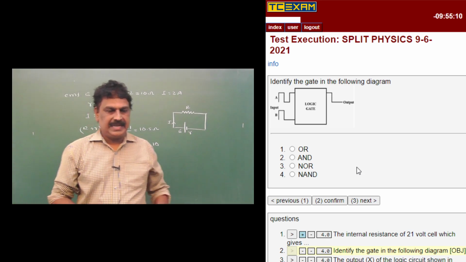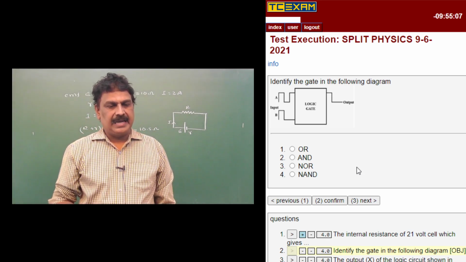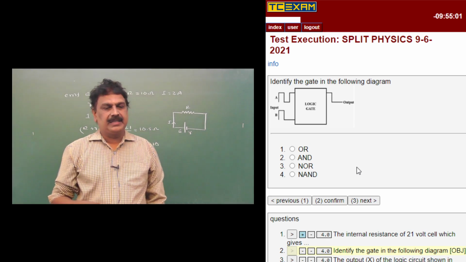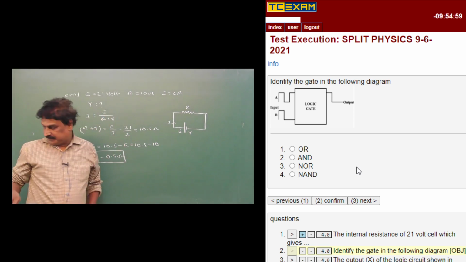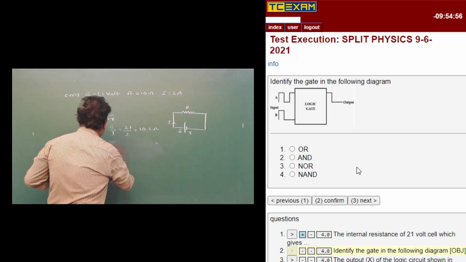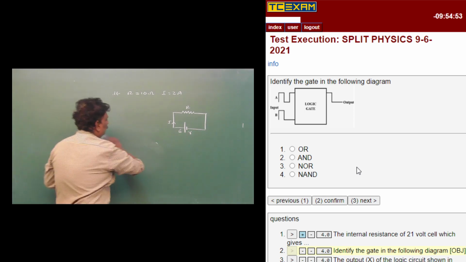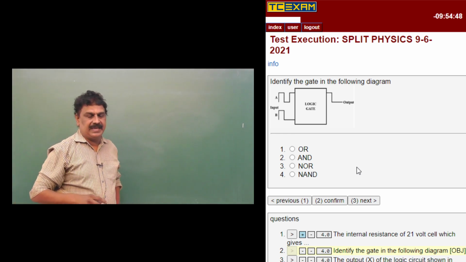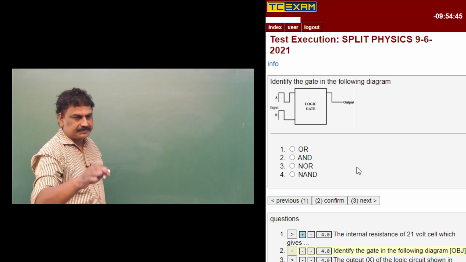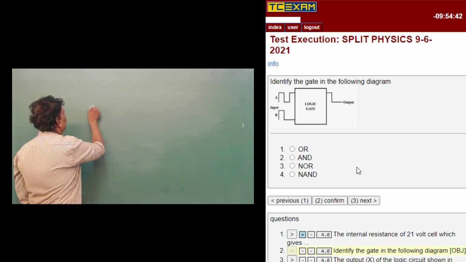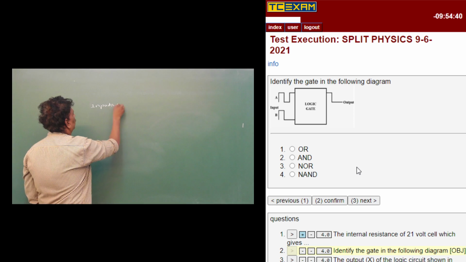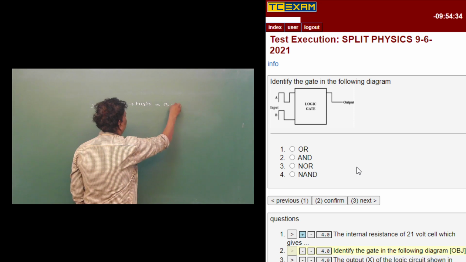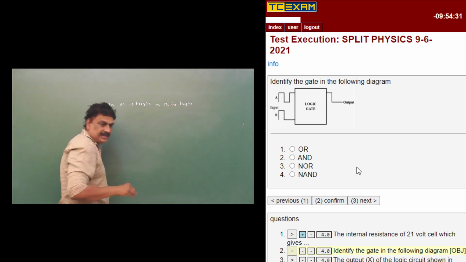Now the next question, identify the gate in the following diagram. See the given figure here. We are given inputs, so A is high and B is high, right?